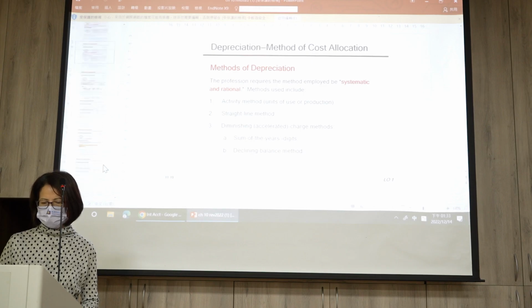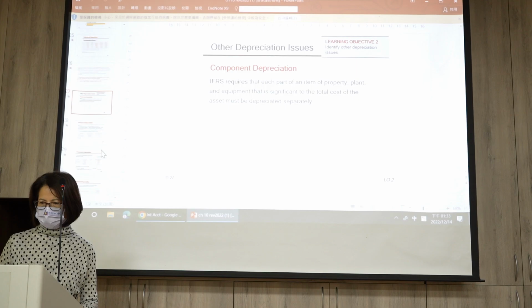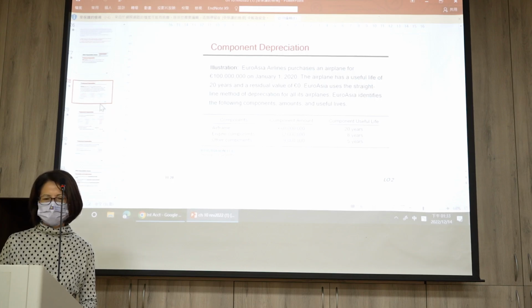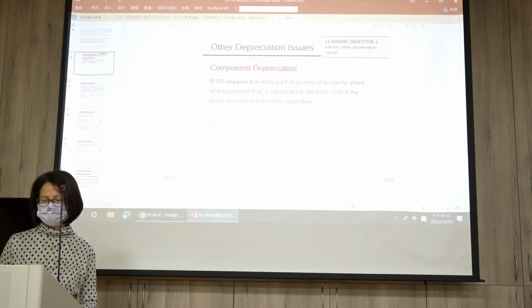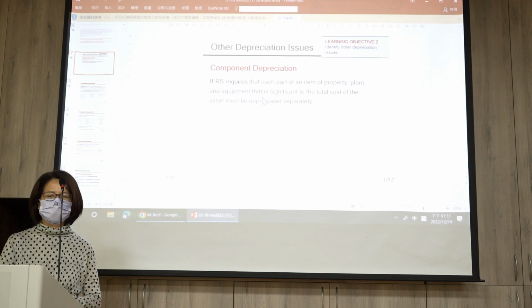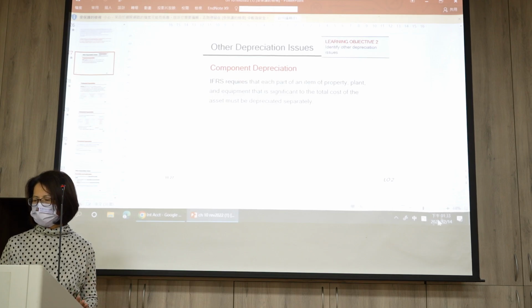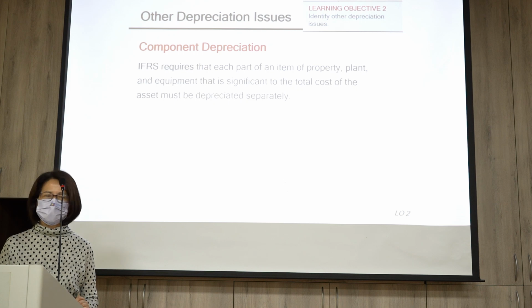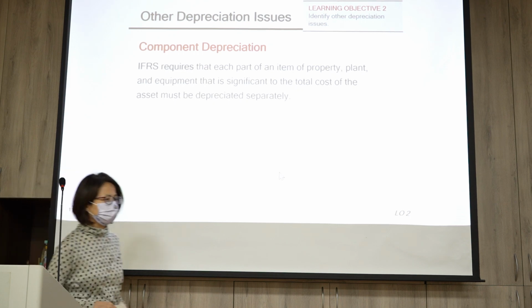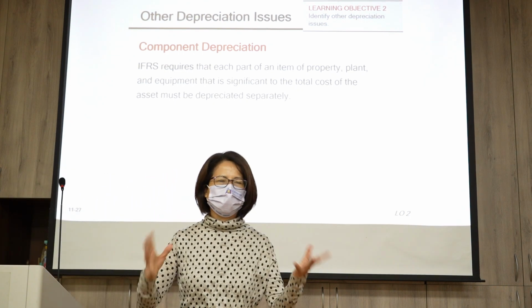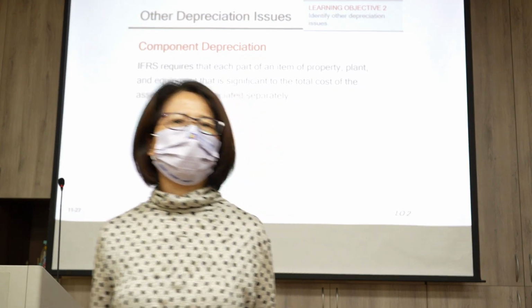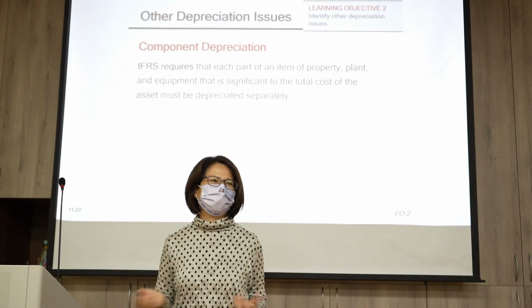And what about the other issues? The component depreciation. What is component? When we talk about PPE and depreciation, generally we think of it as a whole period, probably one year.